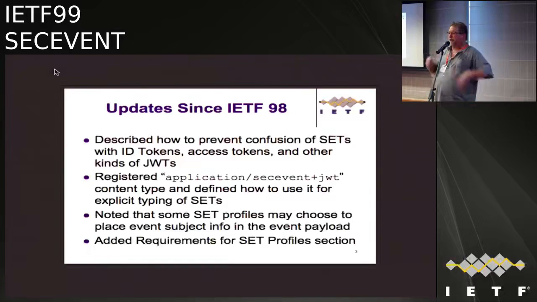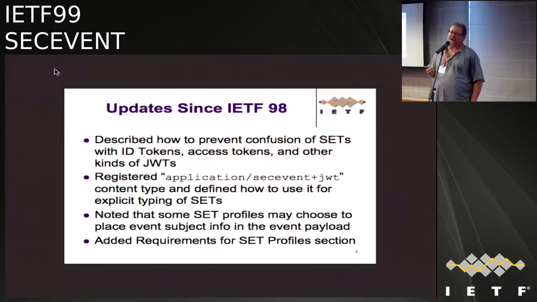Also, as part of the preventing confusion discussion, we worked out a way that had been discussed, in fact, in Chicago and on the list, for explicitly typing the JSON Web Token which represents the security event token.